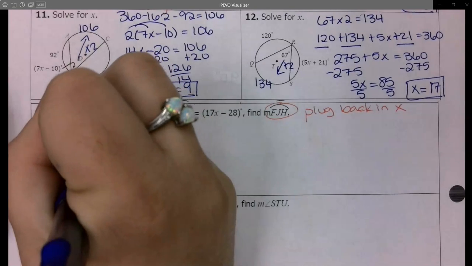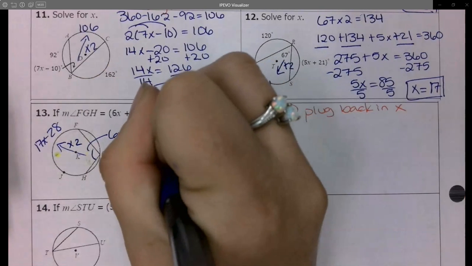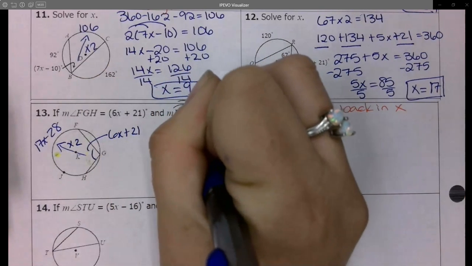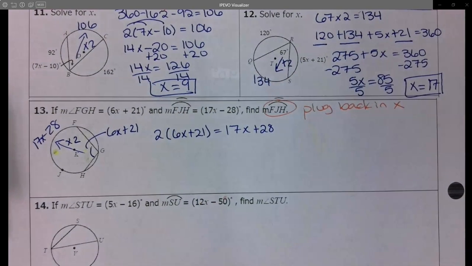Remember, to go from the angle to the arc, I want to multiply by 2. So I'm going to take 2 times the 6x plus 21 and equal it to 17x plus 28.